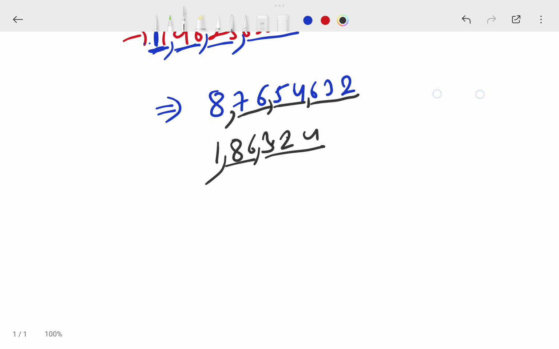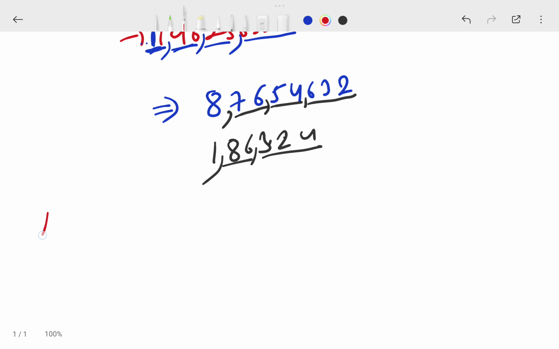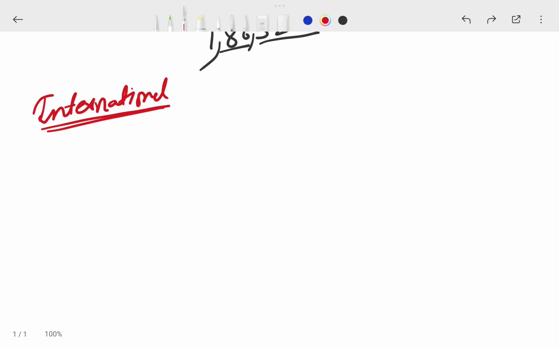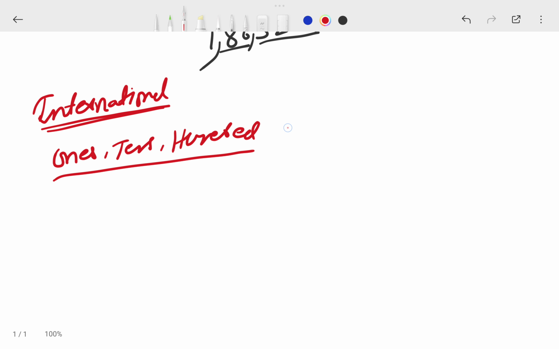Simple. But in the international number system, what will happen? In the international number system we count ones, tens, hundreds, the first 3 digits.